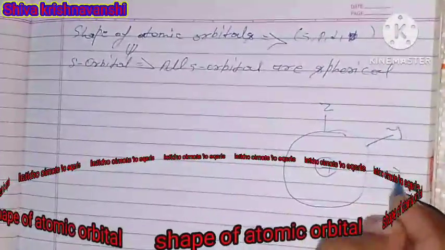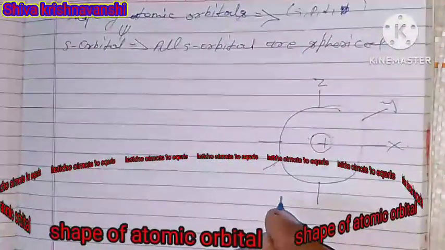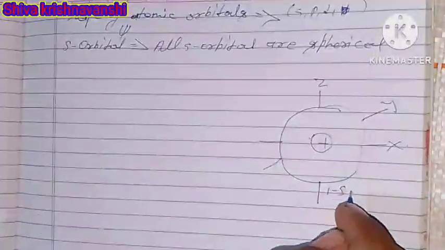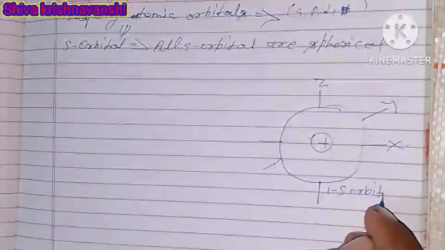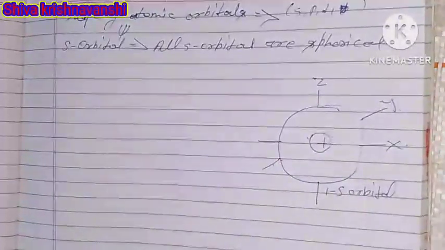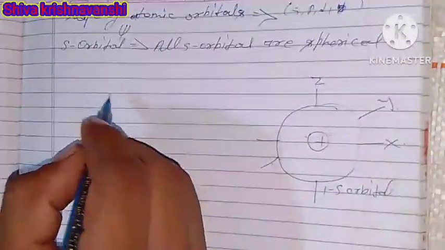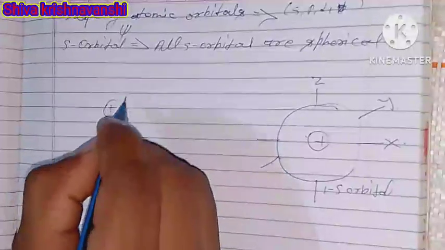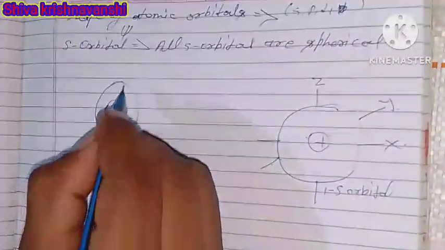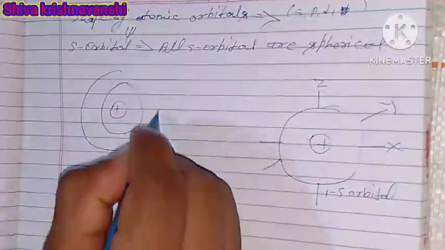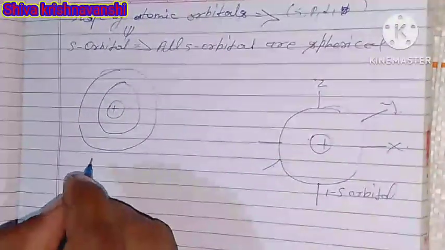This is the z-axis, y-axis, and this is the x-axis. This is the 1s orbital. This plus, the 1s orbital, the 2s orbital.